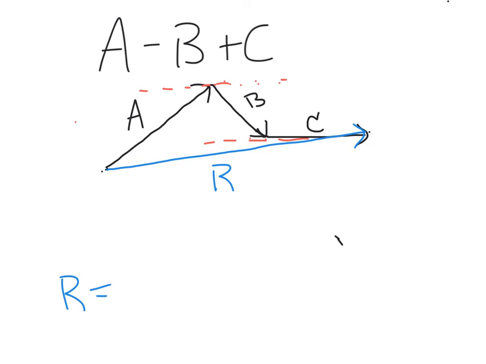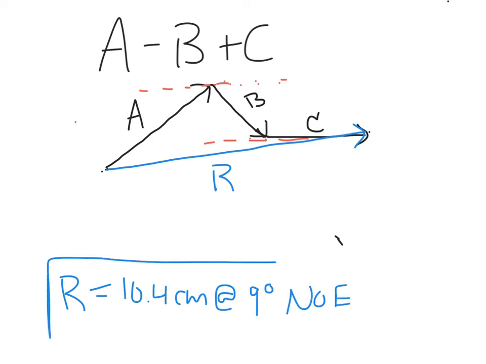I'm going to say about 10.4 centimeters at, this is 9 degrees north of east. So there's my answer for A minus B plus C, this particular combination.